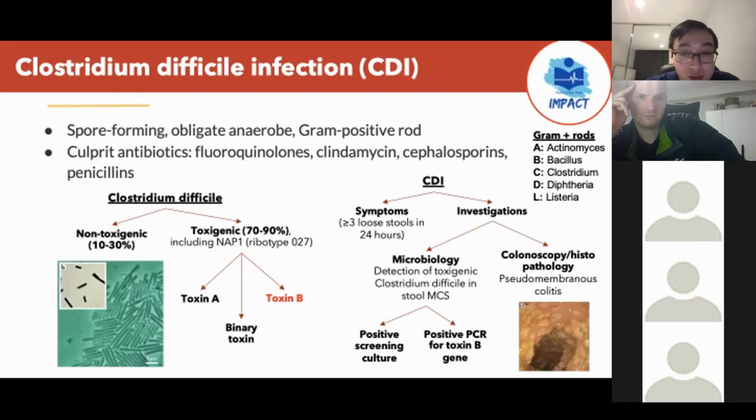Strict anaerobes like Clostridium difficile express an enzyme called pyruvate ferredoxin oxidoreductase, PFOR for short. This enzyme's function is to reduce any oxygen molecules that enter the bacterial cell. So it's a survival mechanism.